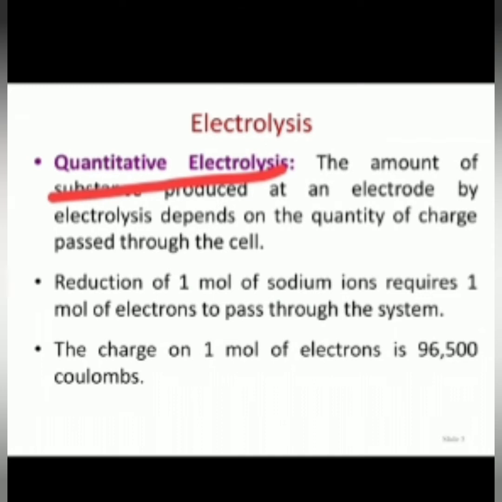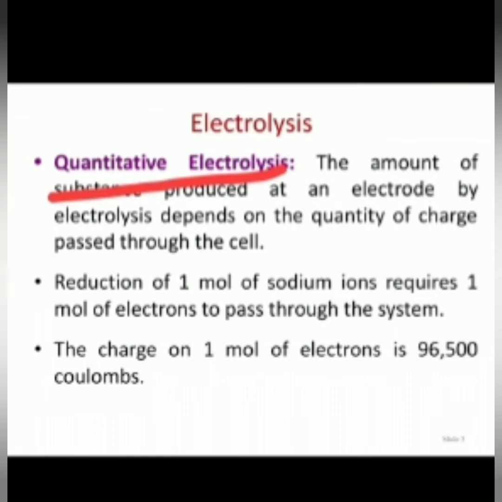Faraday's first law says that the chemical deposition due to the flow of current through an electrolyte is directly proportional to the quantity of electricity in coulombs. It means it is directly proportional to the quantity of electricity passed through it.